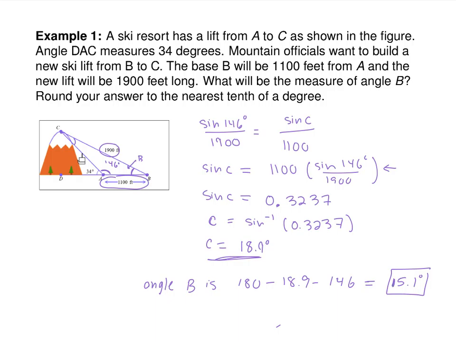What did you do? I accidentally applied another inverse function or something. No. I did 90 minus 18.9. Oh, I see what you're saying. Yep. So once you know one angle, use the fact that the total adds to 180 to find the other one. Yep, okay.